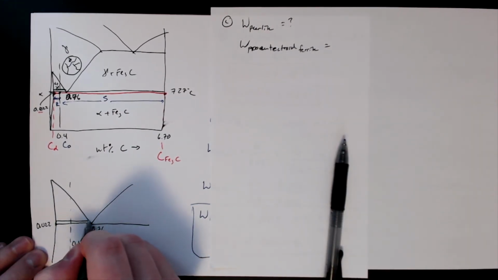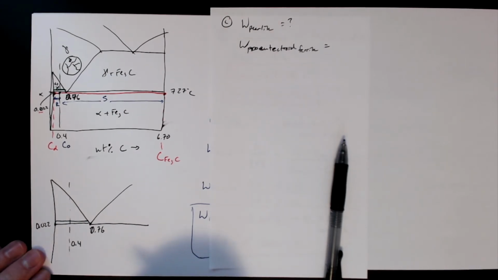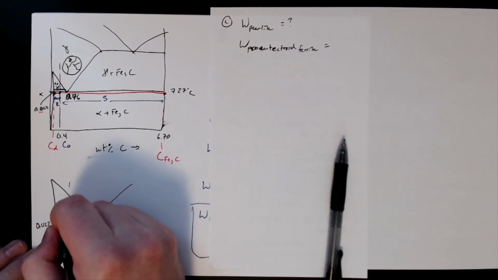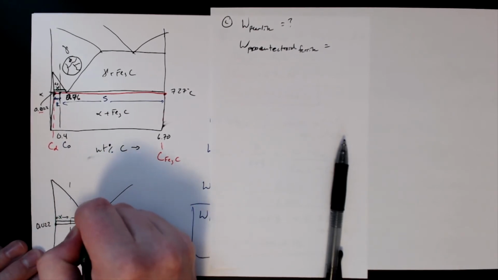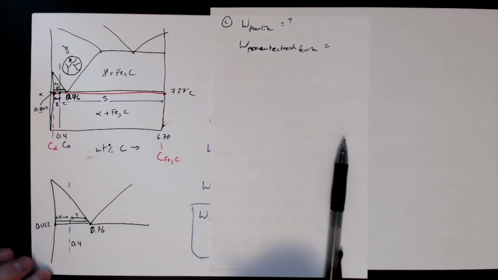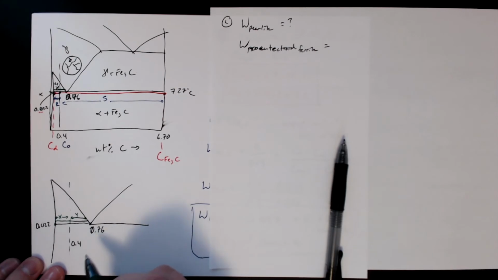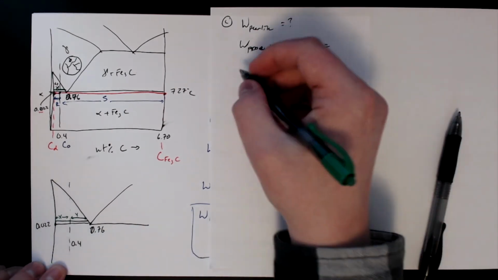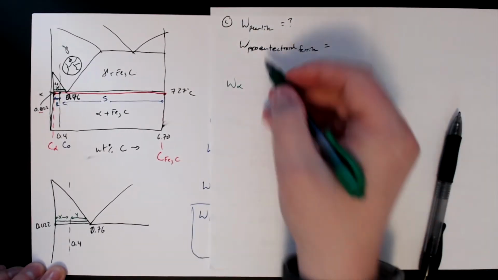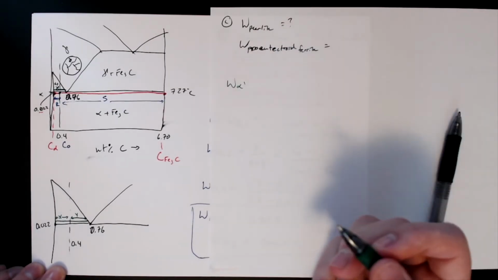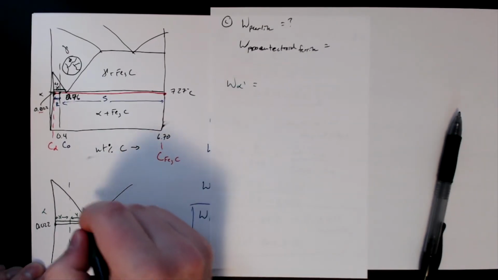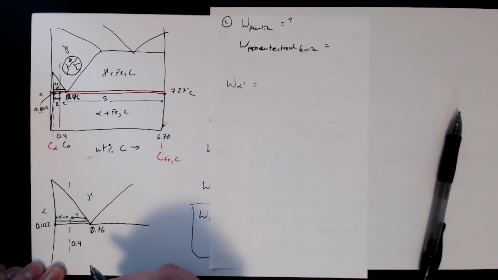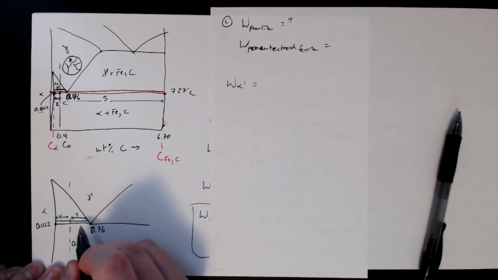So we're talking about this line here. And so we'll call this section X for a change. And then we'll call this Y, just to change it up a little bit. So for the amount of the pro-eutectoid ferrite, this is alpha here, this is gamma over here. So those are the compositions on either side.